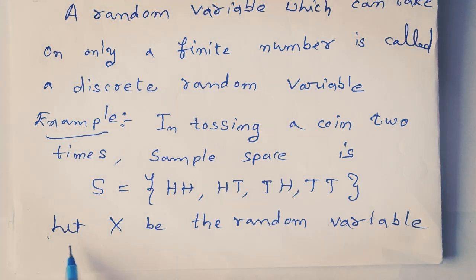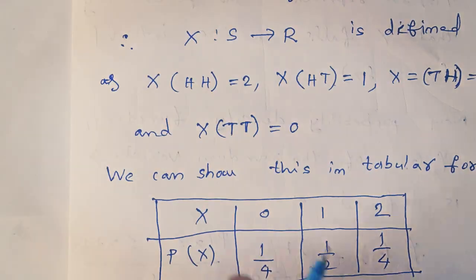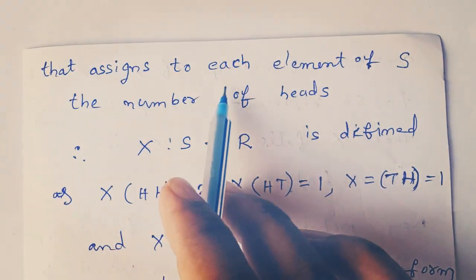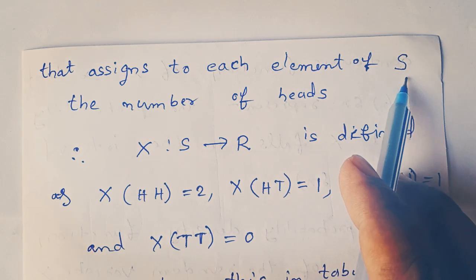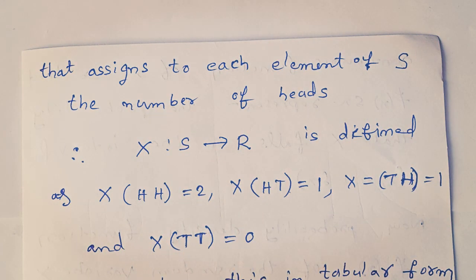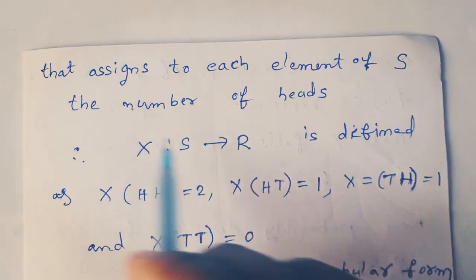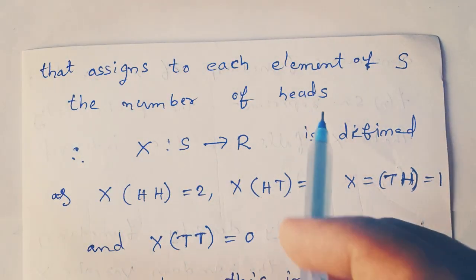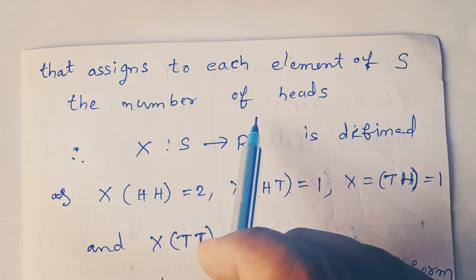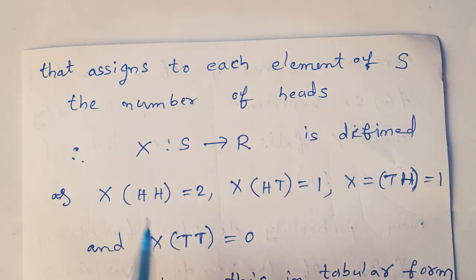Let X be the random variable that assigns to each element of S the number of heads. Therefore, X is the number of heads in an outcome.